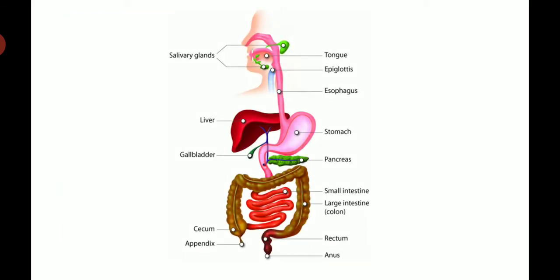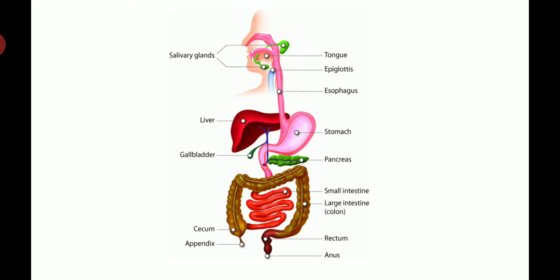Now children, you can see here how the food passes from the mouth to the salivary glands. Then moving on from the tongue to the epiglottis, which is a flap-like structure, then to the food pipe that is known as the esophagus, passing on from the liver to the stomach, which passes the dilute hydrochloric acid to make the food easily digestible, then to the gallbladder, which secretes the bile juice, and then the pancreas, which secretes the pancreatic juice.